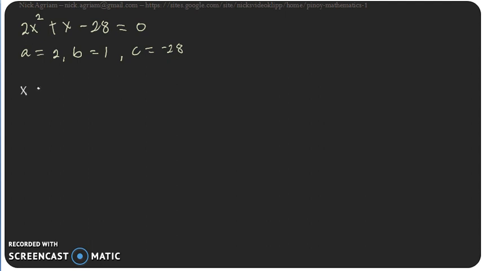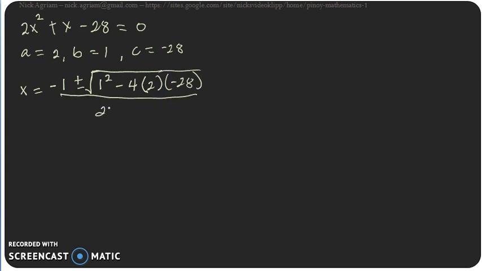Okay, x is equal to negative B. So we have negative 1 plus minus square root of B squared, that is 1 squared, minus 4, and A is 2 and C is negative 28, divided by 2 times A, that is 2.